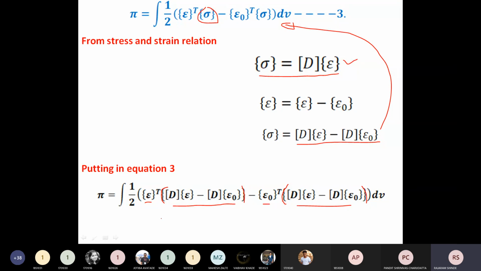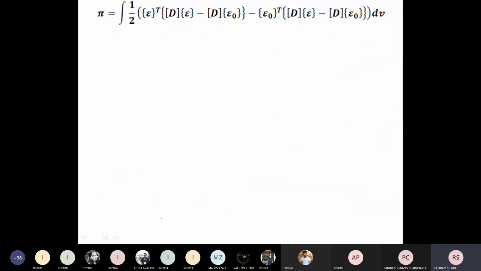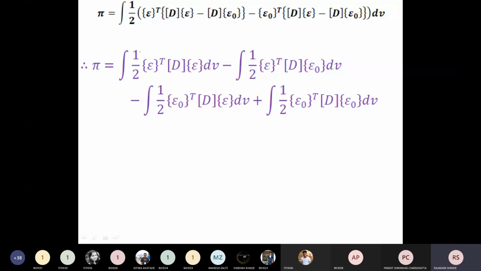Okay. And I will write the separate integration for each term. Now how it will become? Here again this is same term. Now you see this, when we multiply by this term to first term, it is half of epsilon transpose d epsilon dv. This is your first term. Okay. First term.